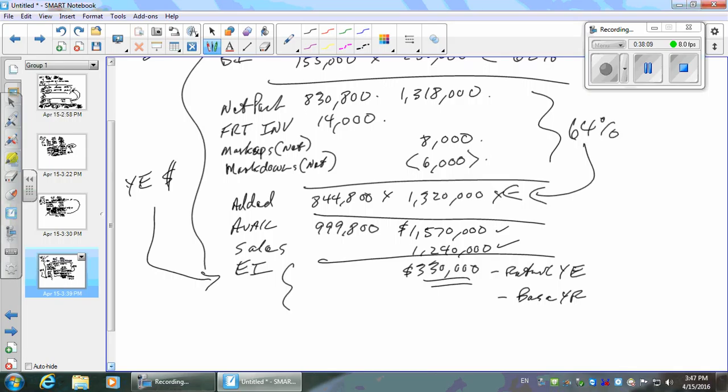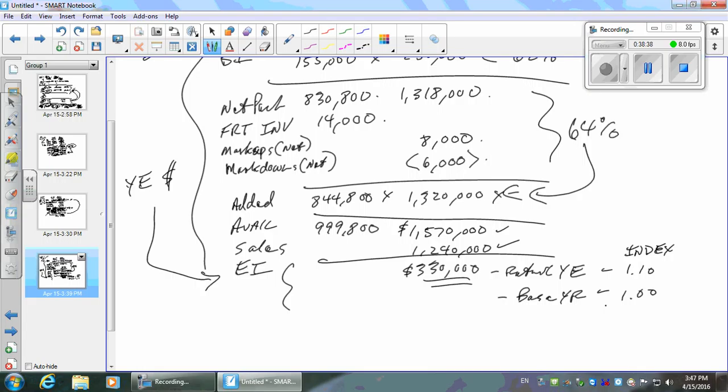But across the whole economy, right? So what are we saying? The base year is 1.0, of course. What's the current year? The current year is a 1.10 index, right? So those are dollars that are $1.10 of the base year. How do I get it down to the base year?